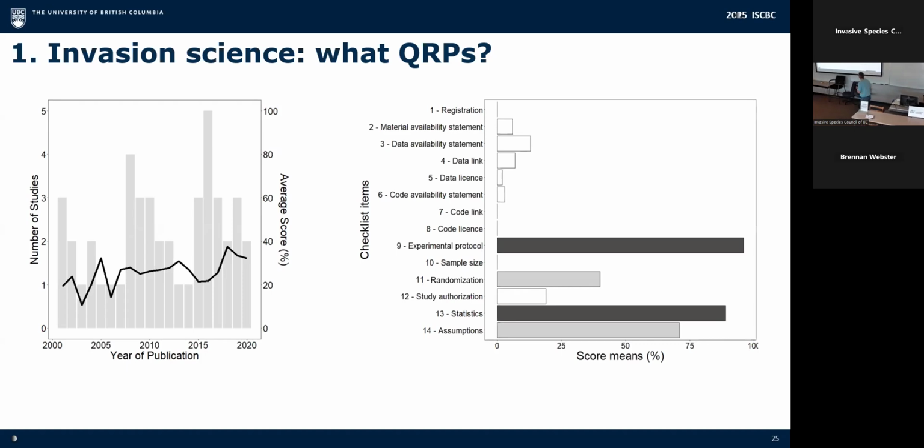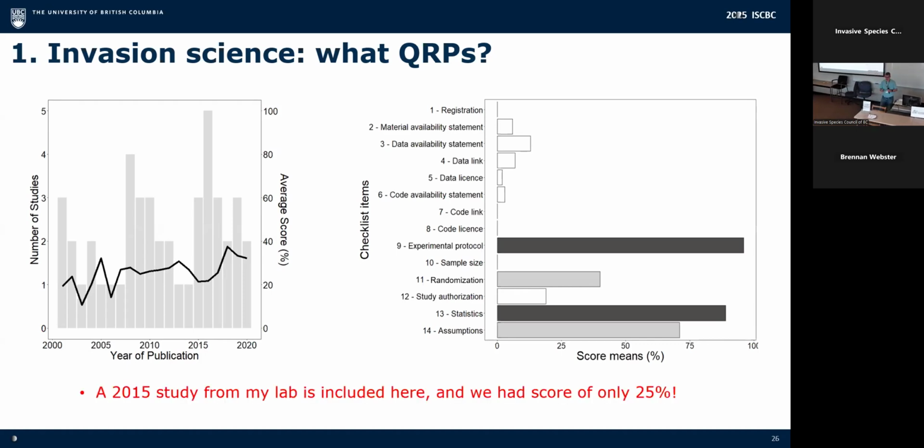So, yeah, not particularly well. And I want to be totally upfront that one of my lab's studies was in here from 2015, and we only scored 25%, right? So this is stuff that we're all learning how to do better. Certainly back then, I was nowhere near as aware of a lot of these issues. So I want to emphasize that we're still learning too.